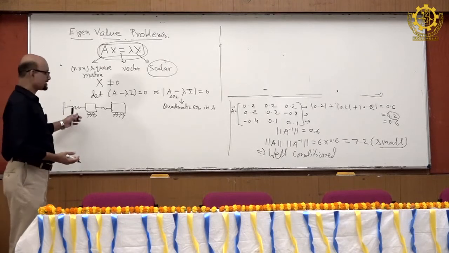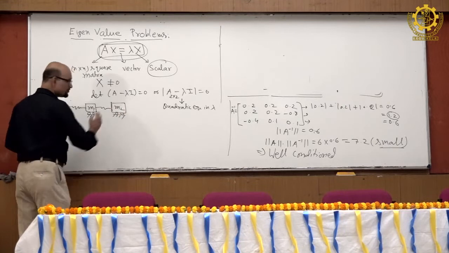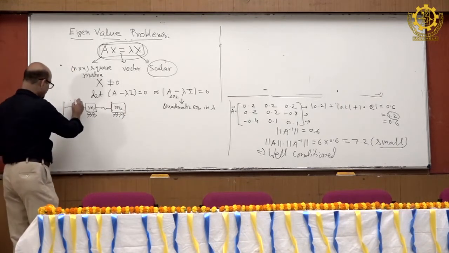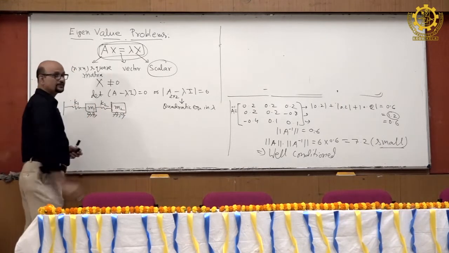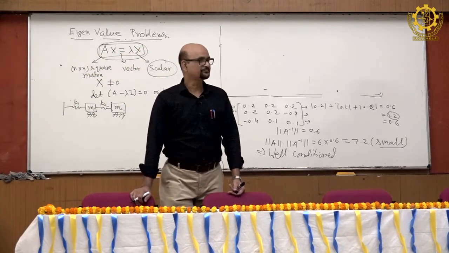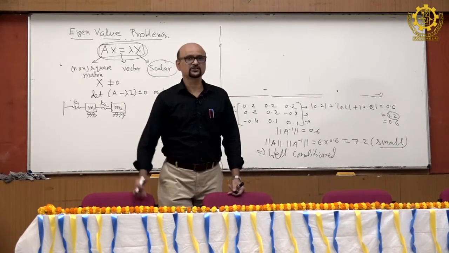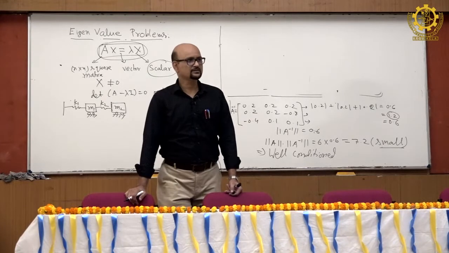A 2 by 2 spring mass system, with masses m1, m2, and k1, k2 are the stiffness of the springs. Then you start the motion of this system.